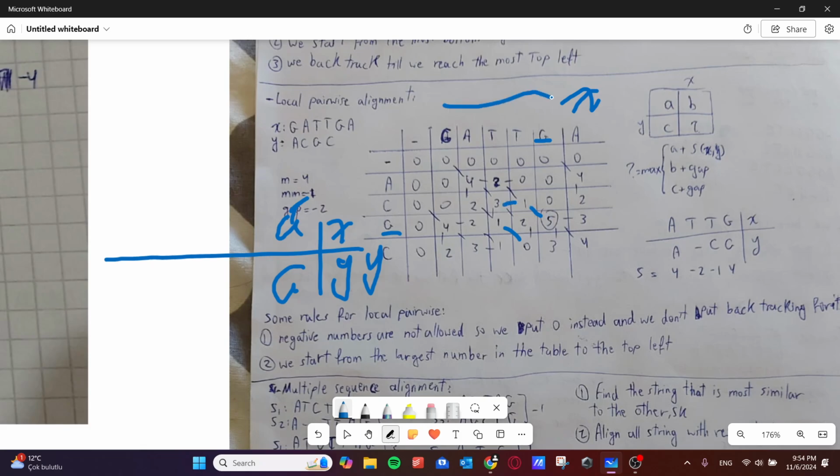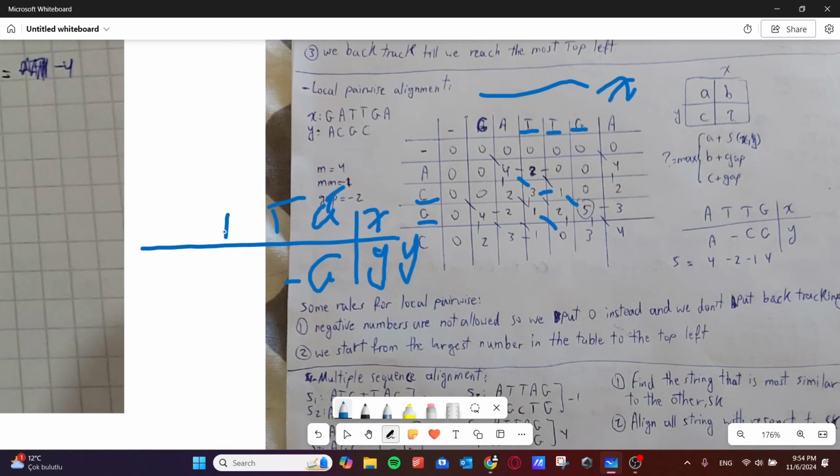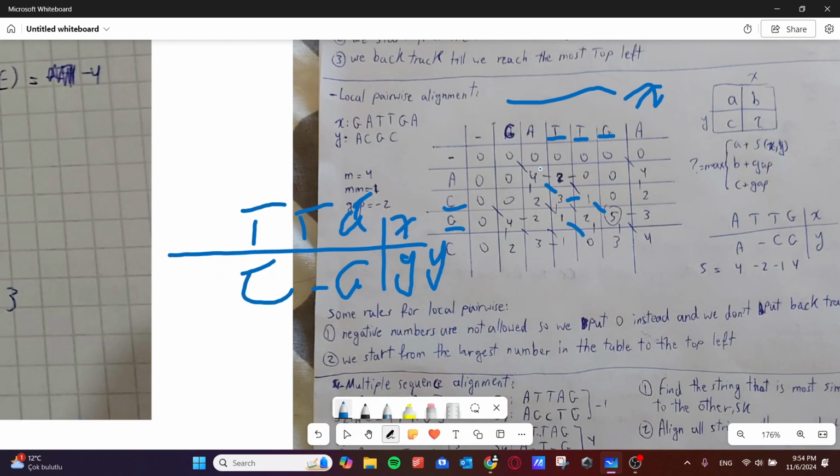Horizontal is parallel to the x, so I take x and keep y empty. Let's take diagonal because it's the only option here. Diagonal, I take two letters, both of them. So it's T for the X and C for the Y. Here in the 4, I take the diagonal. It's A, A. Okay.